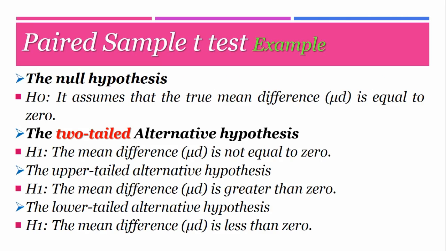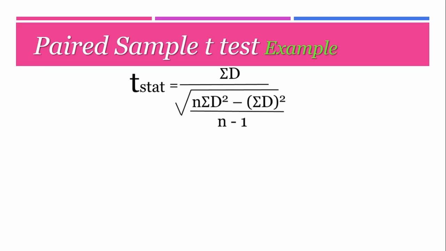This is what we have just discussed. The formula for the t statistic is summation of D divided by the square root of [n times summation of D square minus (summation of D) square, divided by n minus 1].